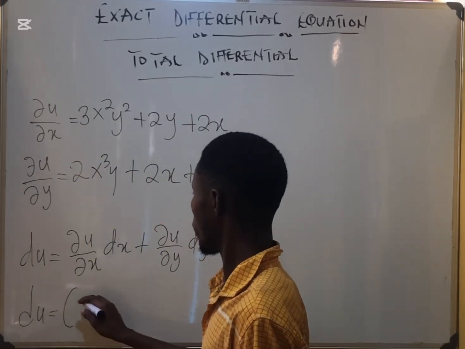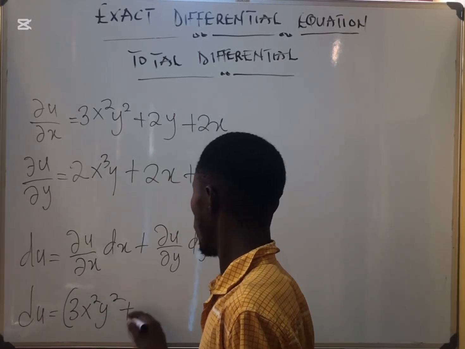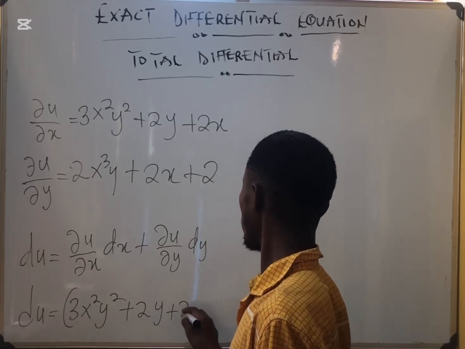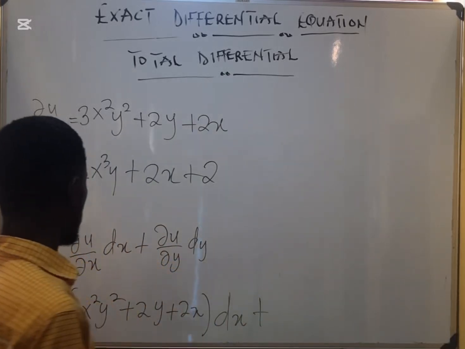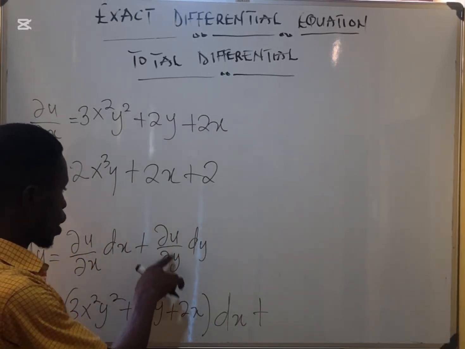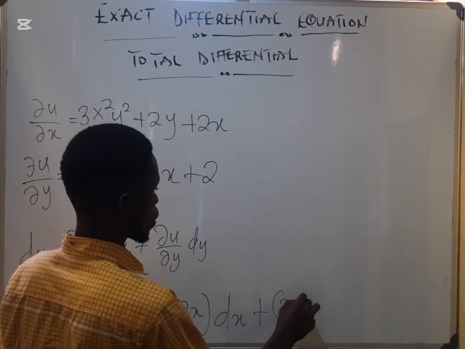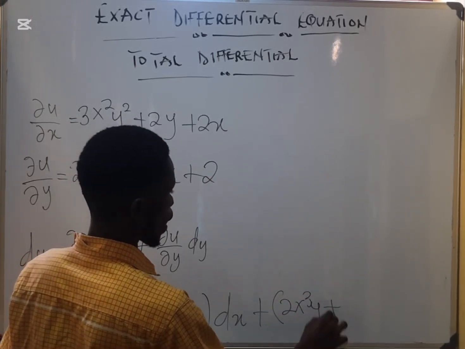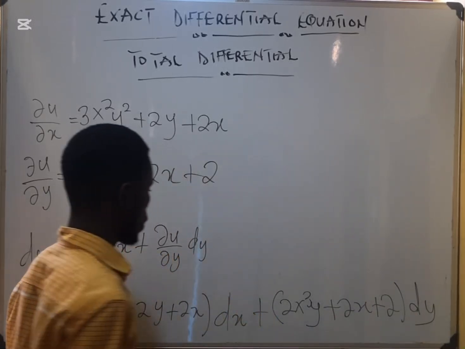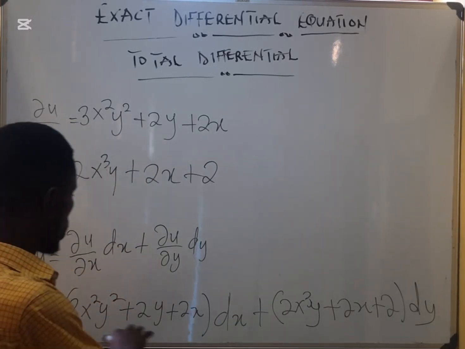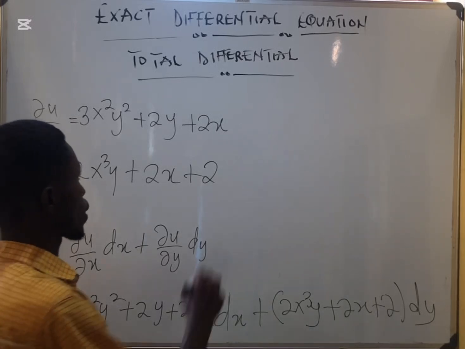That is going to give us 3x squared y squared plus 2y plus 2x dx, plus delta u delta y, which is 2x cubed y plus 2x plus 2 dy. So this is what we call the total differential.